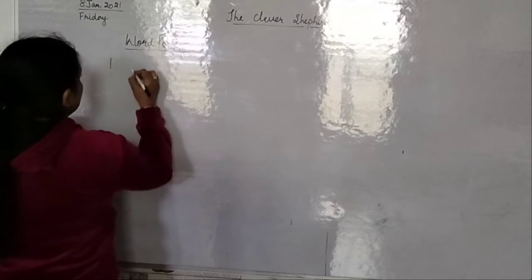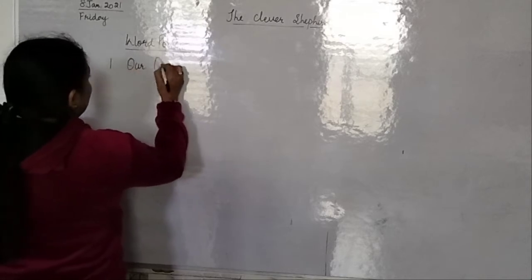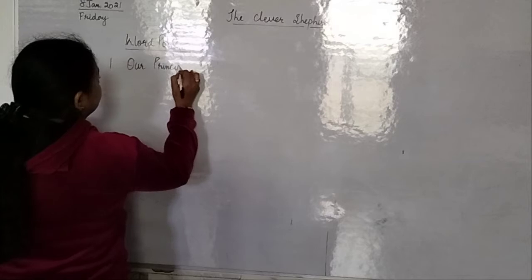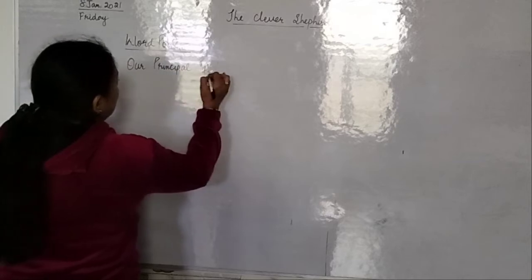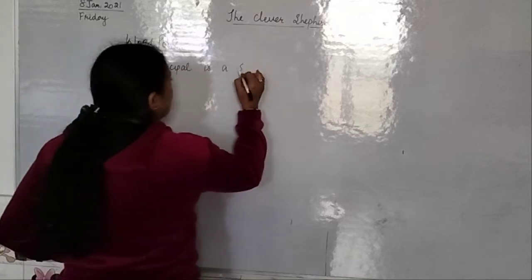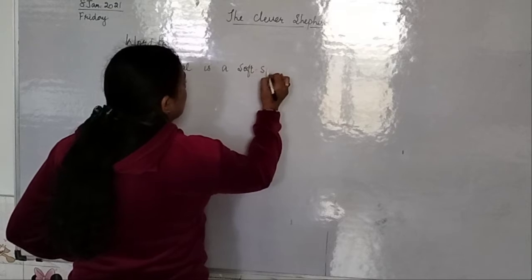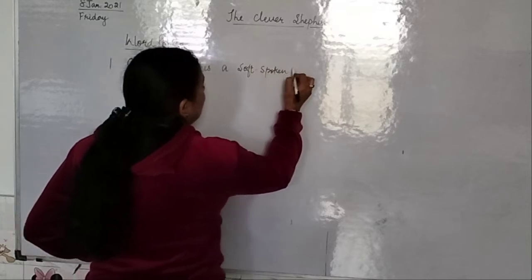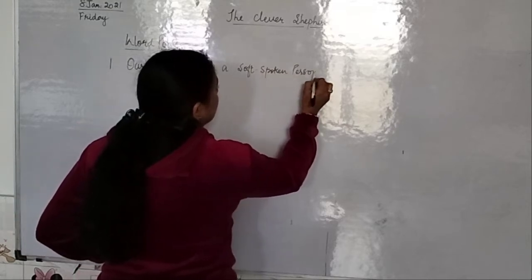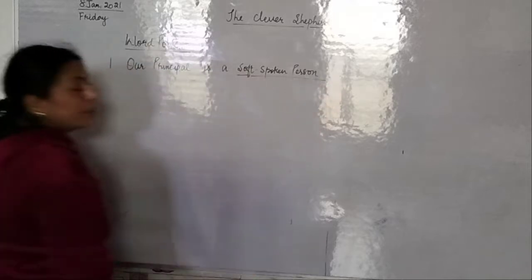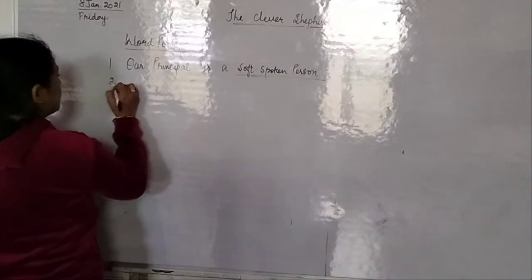First one we will make: Our principal is a soft-spoken person. So we have used this phrase in a sentence.